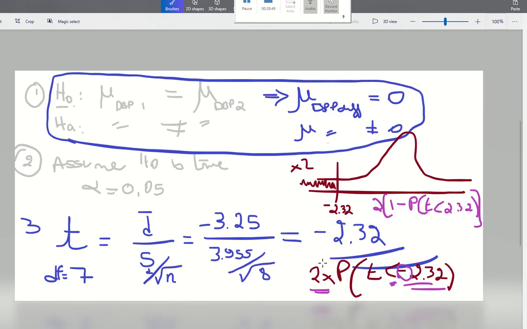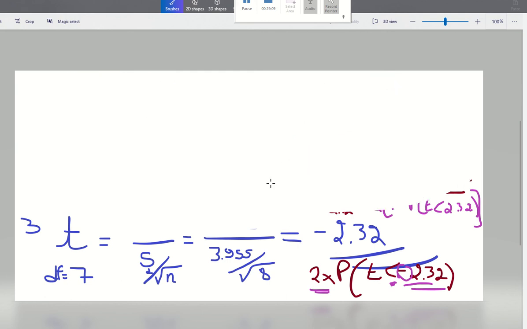And therefore, I go back to my p-value. My p-value, I'm going to write it here, is between 0.1 and 0.05. Okay, let me rewrite the whole thing.